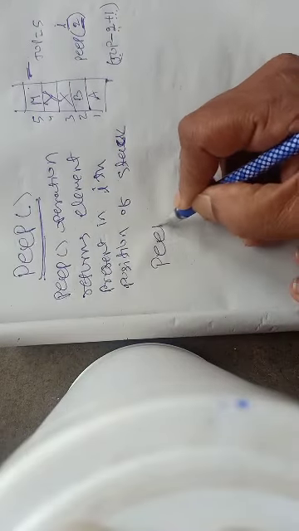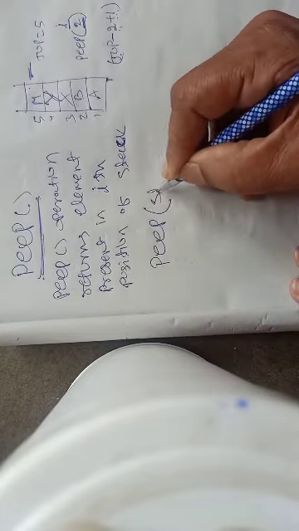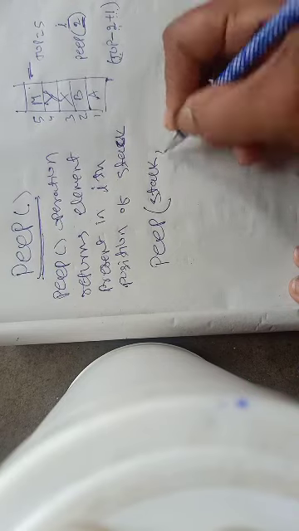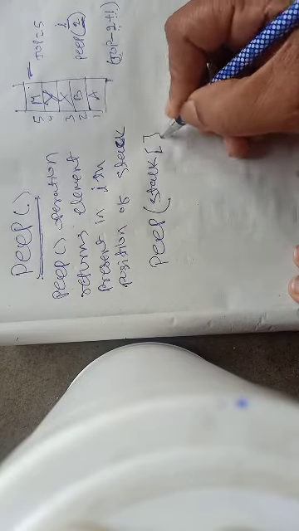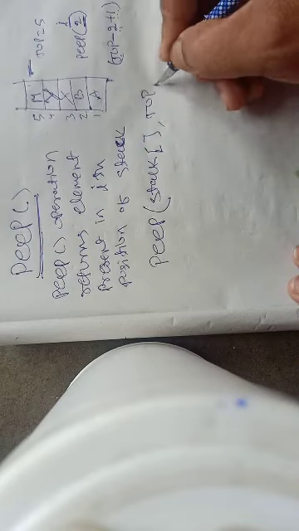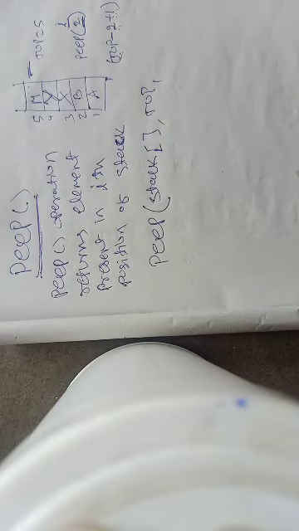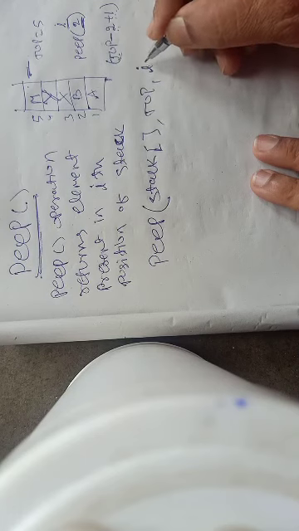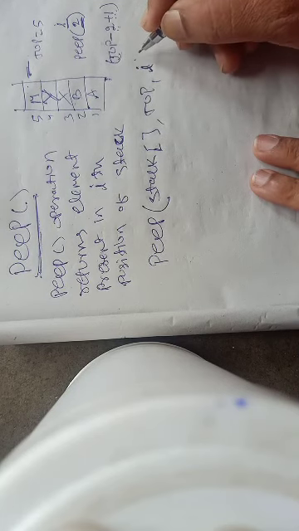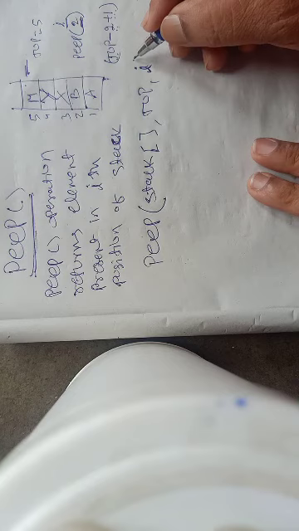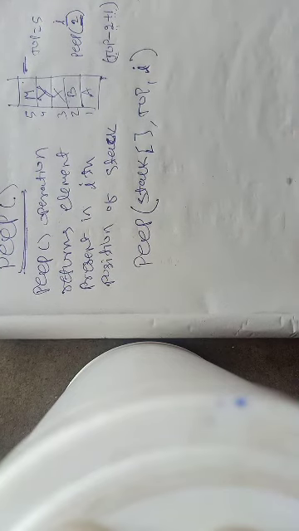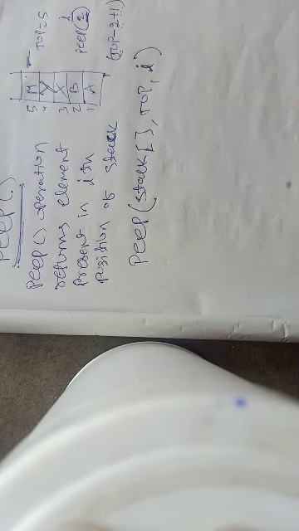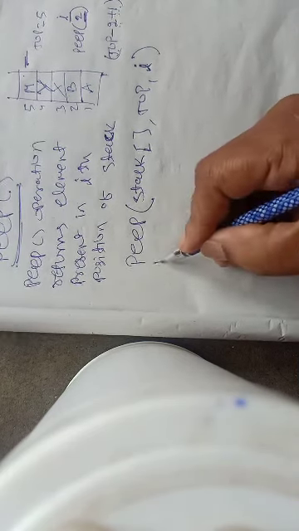Peep, its parameters must be stack, this is the array, then we have to pass top, and then we have to pass i. So i means the position within the stack of the data that you want to get. Okay, so this is begin.